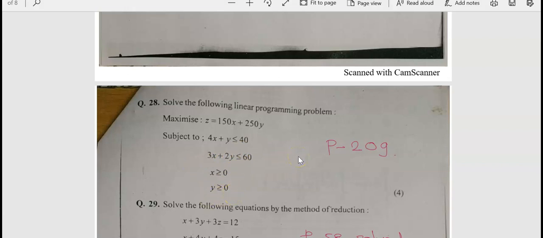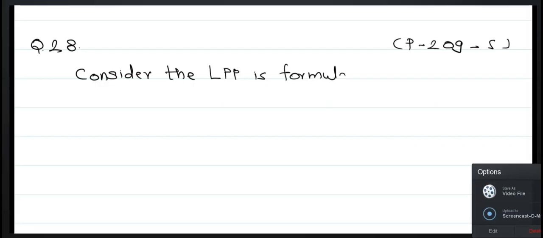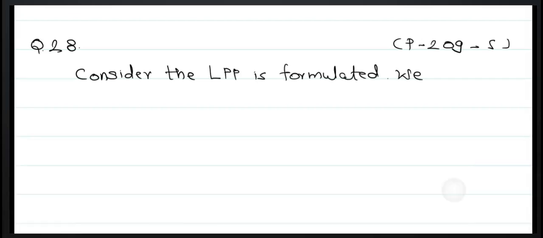It's on page number 209. Now see this solution. Consider the LPP is formulated. Solved question is this.